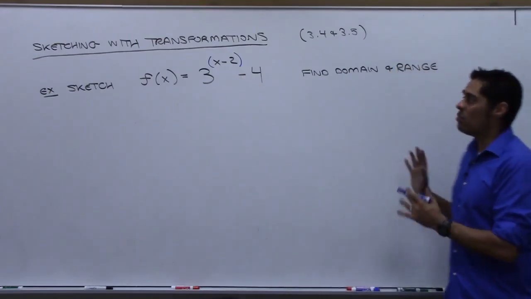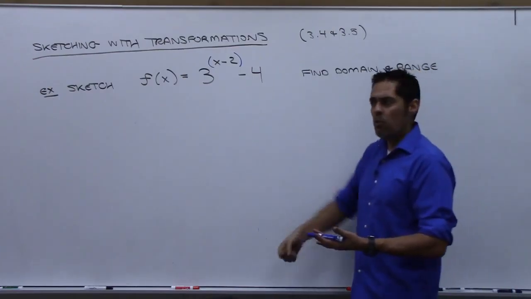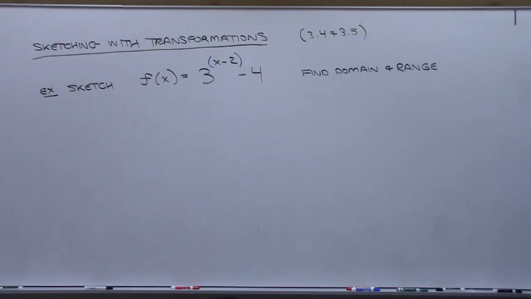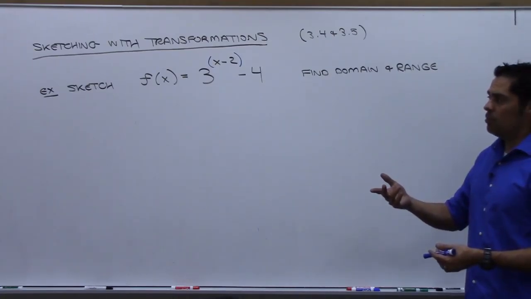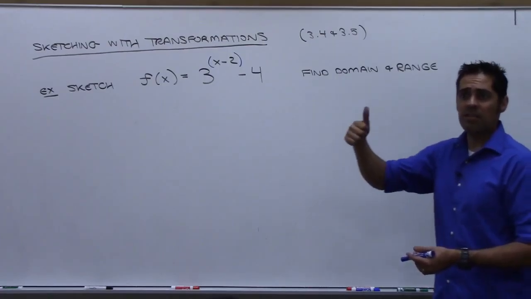But what is it moving to the right 2 and down 4? What's your toolbox function here? What's the thing that's being moved around? What exponential function? 3 to the x. 3 raised to the x.